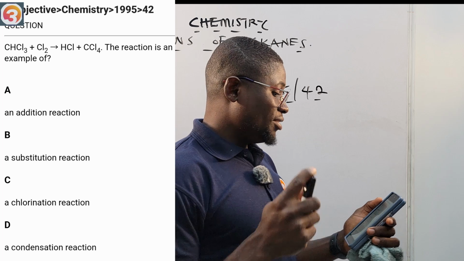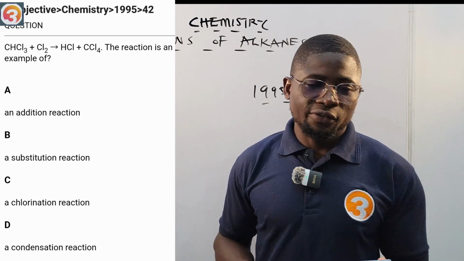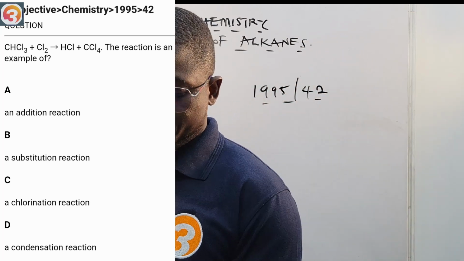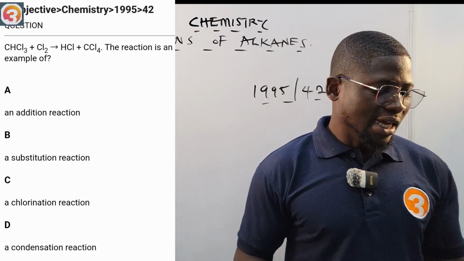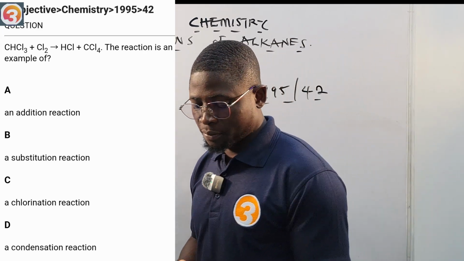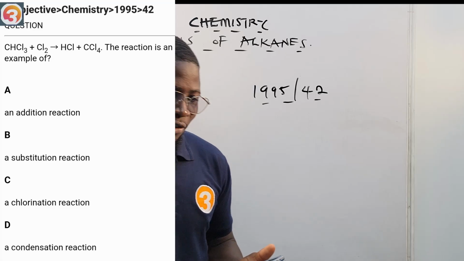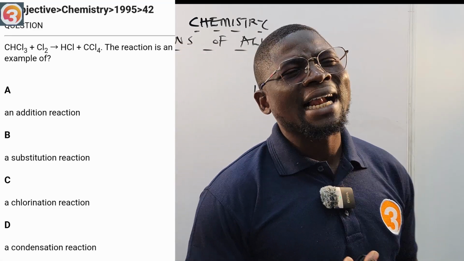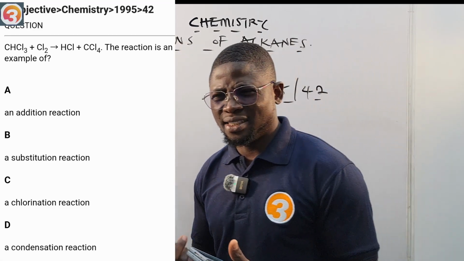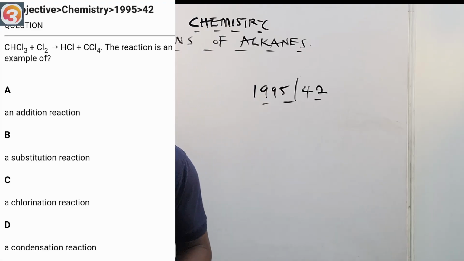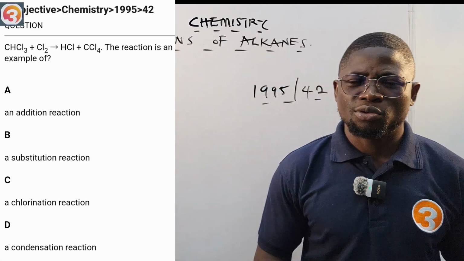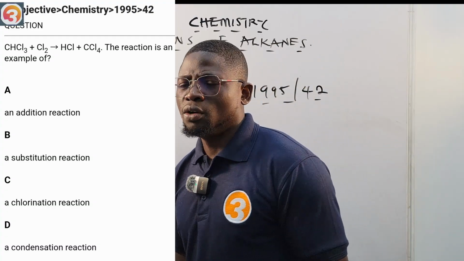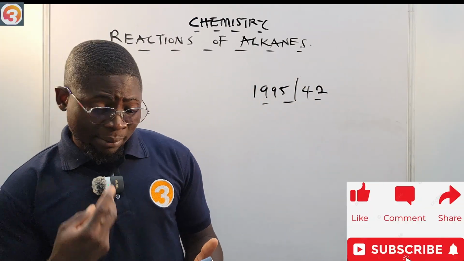They say the reaction is an example of A, addition reaction, B, a substitution reaction, C, a chlorination reaction, D, a condensation reaction. When we talk about the alkane profile, in the first introduction to alkanes, we say that alkanes undergo mostly substitution reactions, isn't it? I'm just giving you a hint.